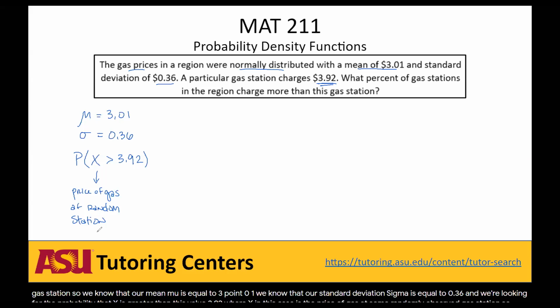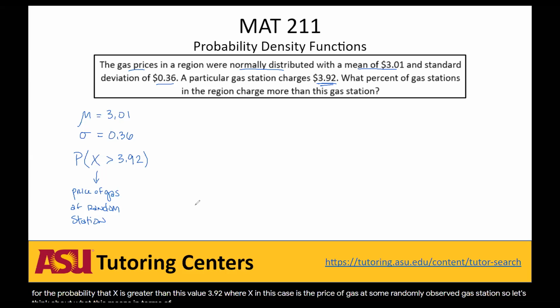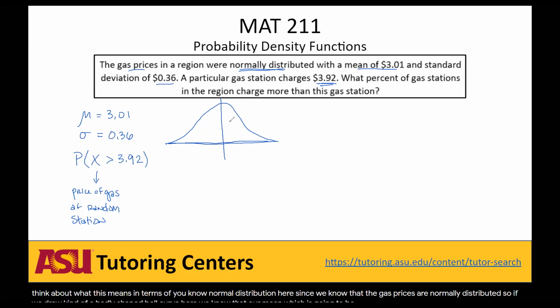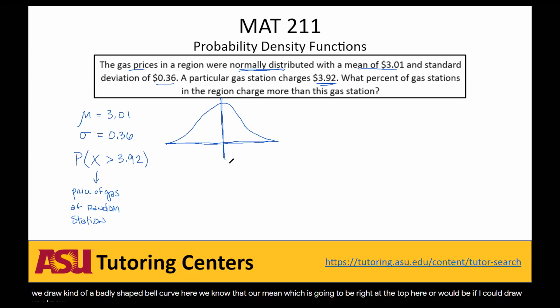So let's think about what this means in terms of a normal distribution here, since we know that the gas prices are normally distributed. So if we draw a badly shaped bell curve here, we know that our mean, which is going to be right at the top, is 3.01, right?